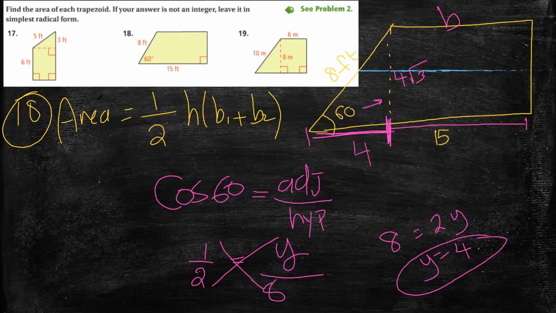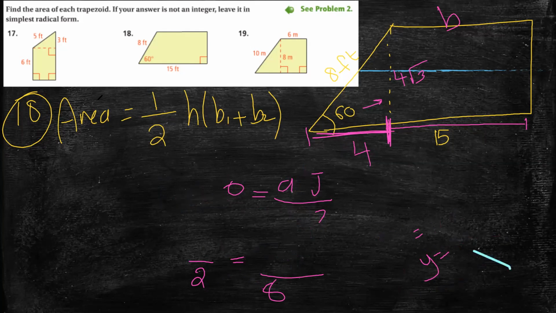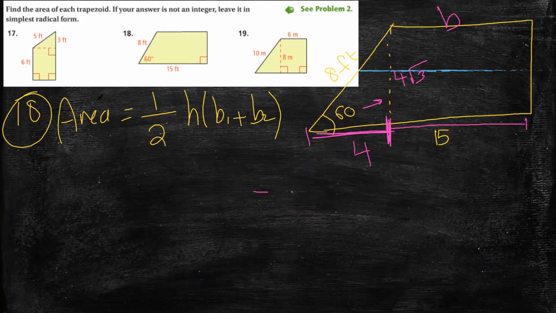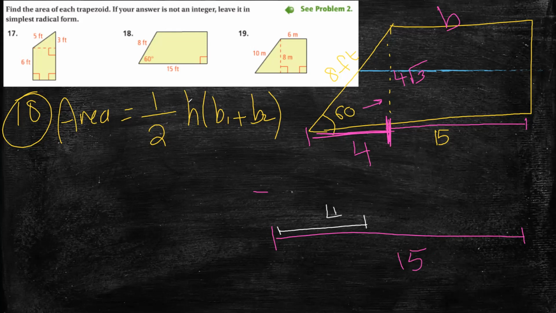So let's do it now. The length of the pink one is 15, and the length of the white one is 4.